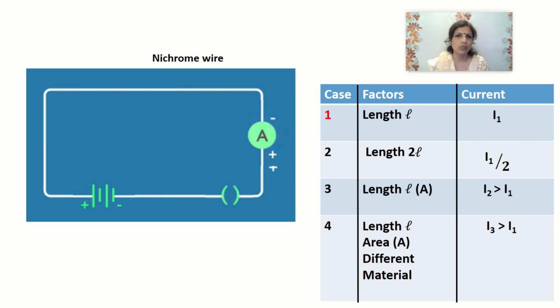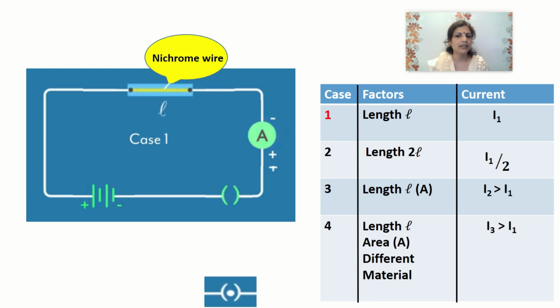Case 1: we will consider that a small piece of nichrome wire is connected between the two ends like this. Let the length of the nichrome wire be L. Now plug in the key. The moment you plug in the key, current will start flowing through the conductor.